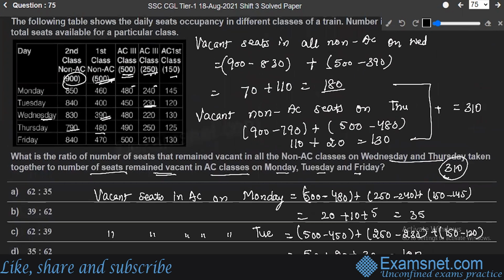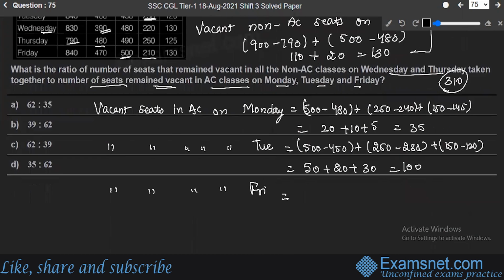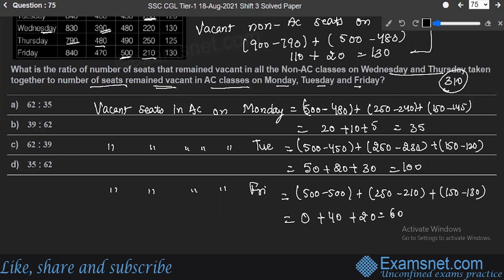On Friday, the vacant seats were in AC. There were no vacant seats for third class AC. And this is 250 minus 210. This will be 500 minus 500 plus 250 minus 210 plus 150 minus 130, which is 0 plus 40 plus 20, which is equal to 60.